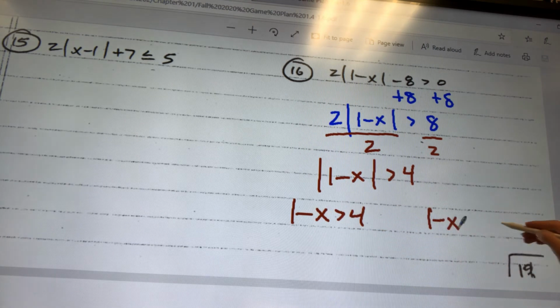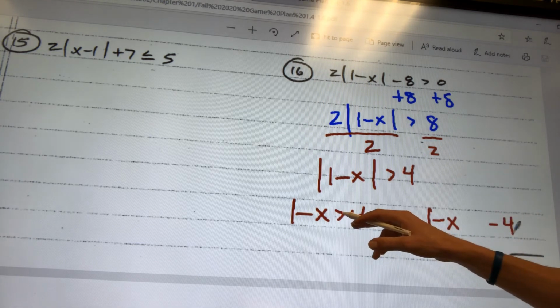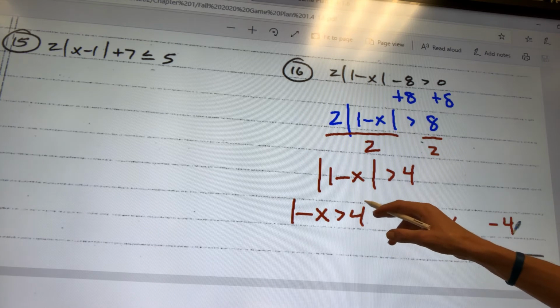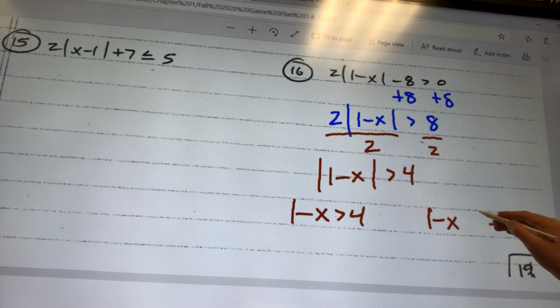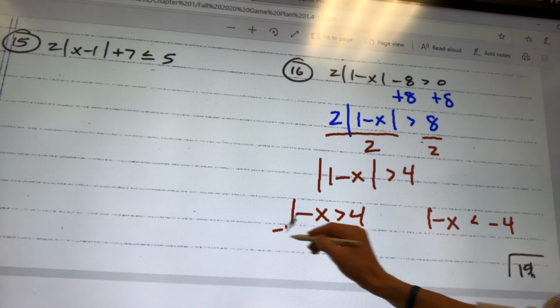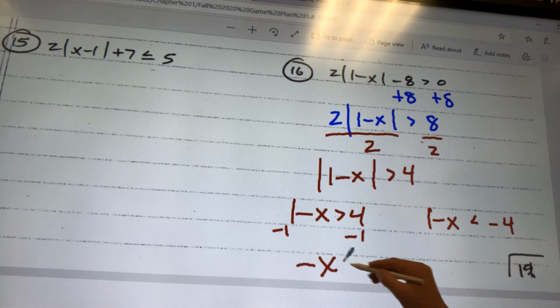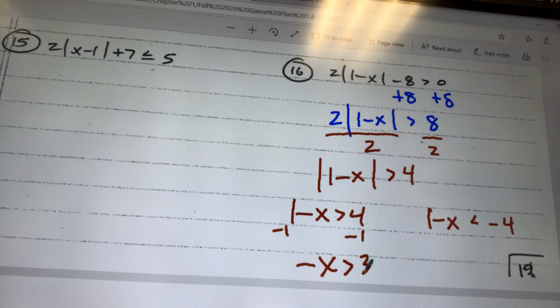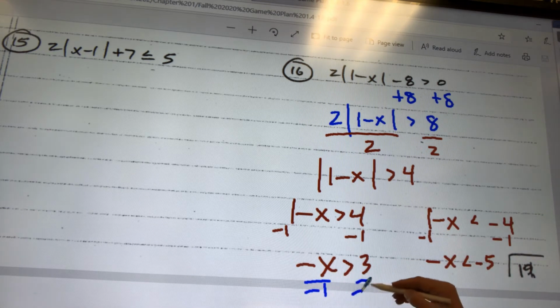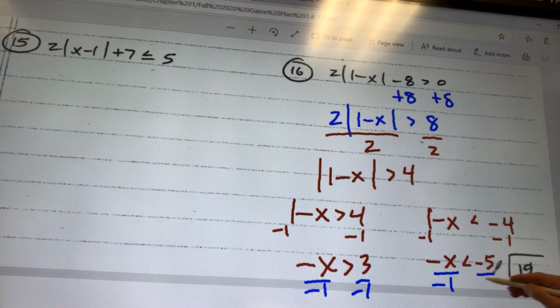Now we're living 4 to the left of the tracks. So it would be, again, if that was a greater than, think of this as multiplying by negative 1, so the inequality sign flips. Subtract 1. Negative x is greater than 3. Subtract 1. Negative x is less than negative 5. Divide both sides and both inequalities by a negative 1.